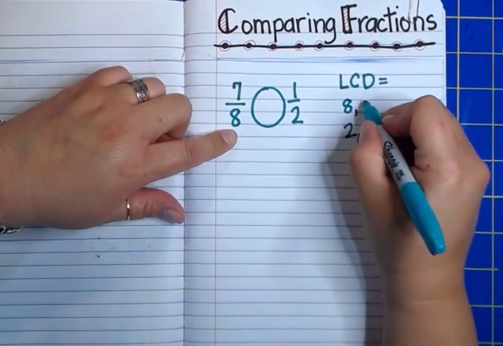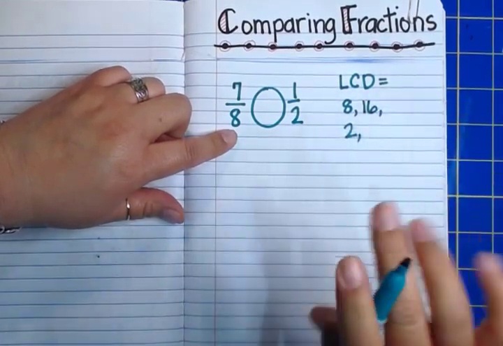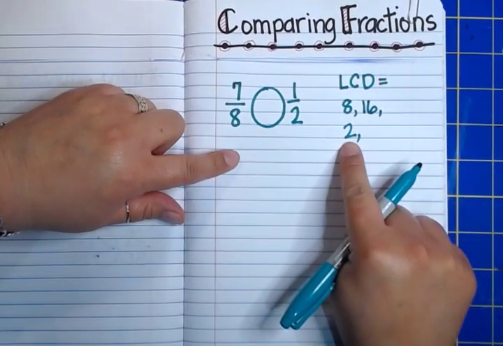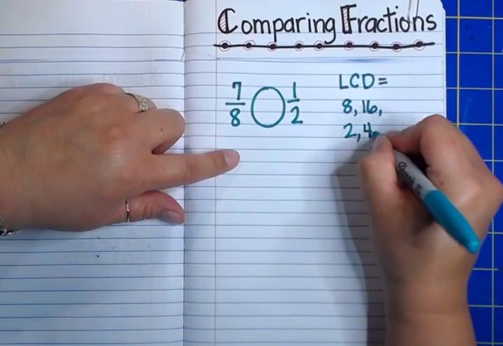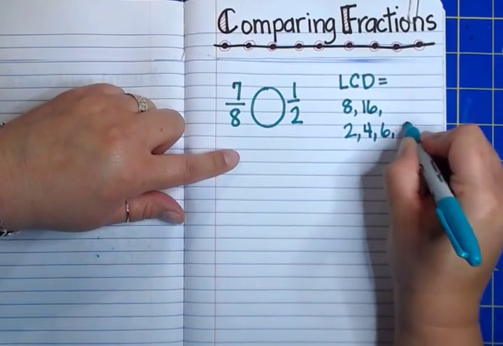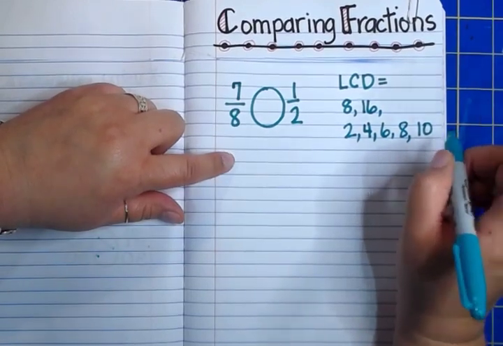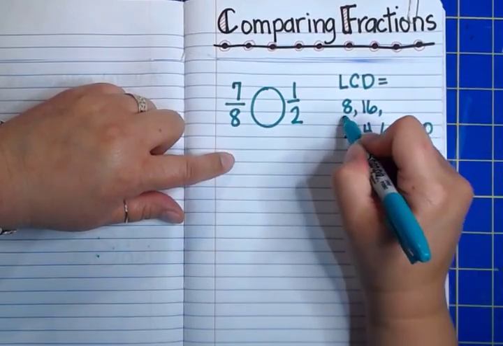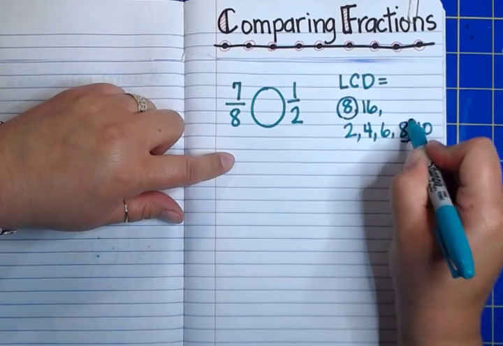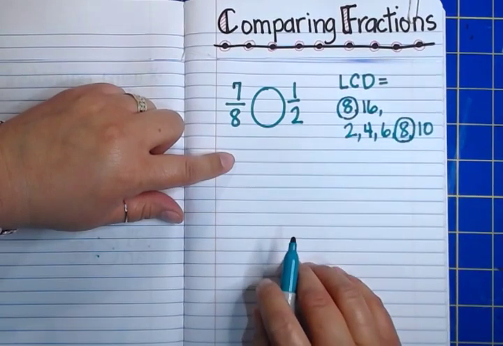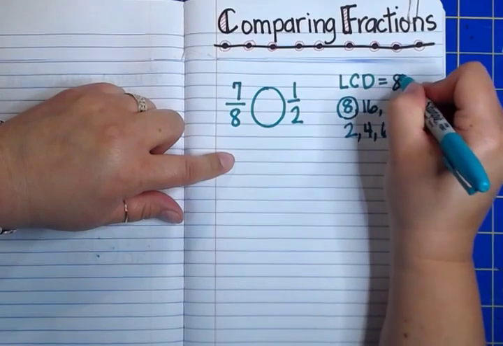So 8, 16, and I'm going to stop right there. Now I'm going to do the same thing with 2. 2, 4, 6, 8, 10. And I'm going to stop right there because I can see that the first number that they have in common, the lowest one, is the number 8.